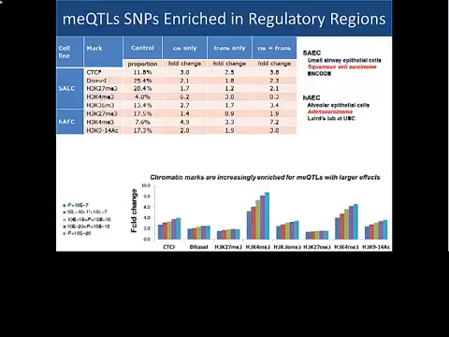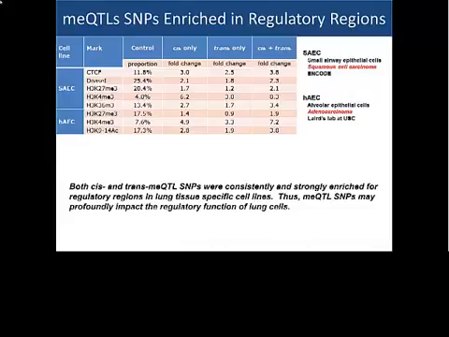So, a brief summary for this analysis: we found that both cis and trans methylation QTL SNPs were consistently and strongly enriched for regulatory regions in lung tissue-specific cell lines. Therefore, the methylation QTL SNPs may profoundly impact the regulatory function of the lung cells.